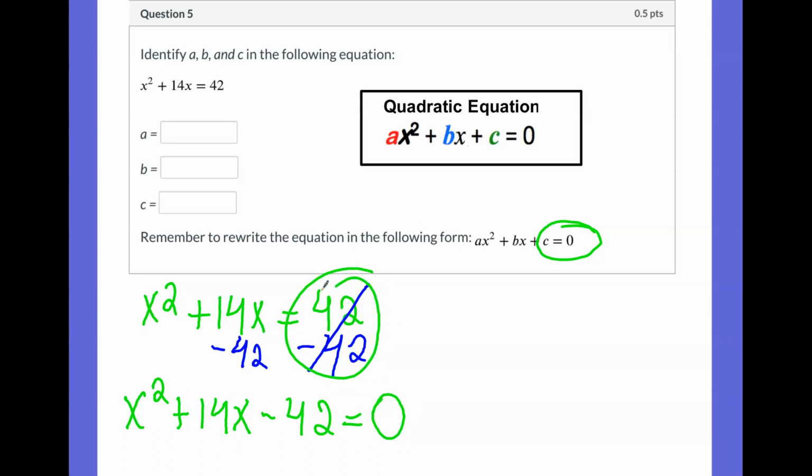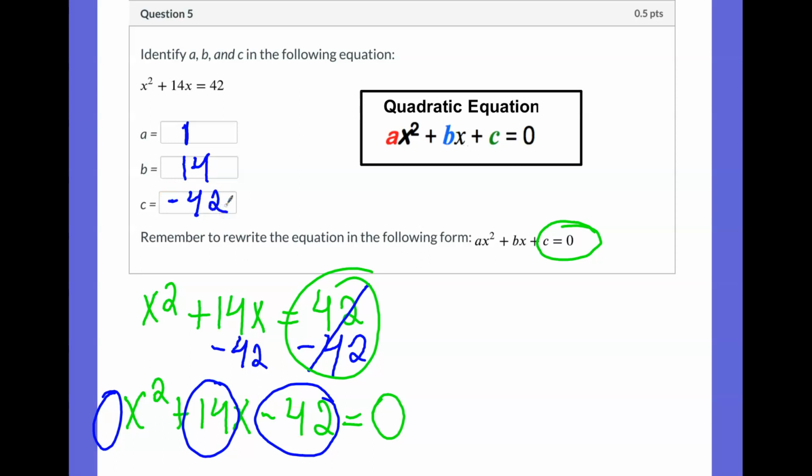Now you can identify A, B, and C. A is 1. This is B and this is C. So B is 14 and C is -42. Always remember to set your equation equal to 0.